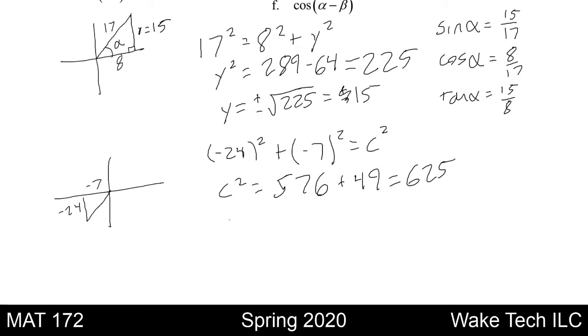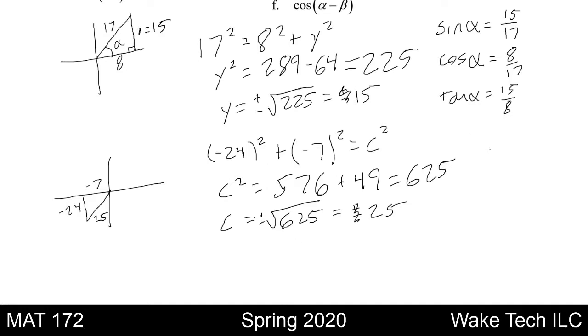The square root of 625 is just 25, thankfully. So we have plus or minus 25, and we deal with that same problem, is it plus or minus? And here I can tell it's a hypotenuse, and the hypotenuse is always positive. Pretty straightforward. So this is just 25.